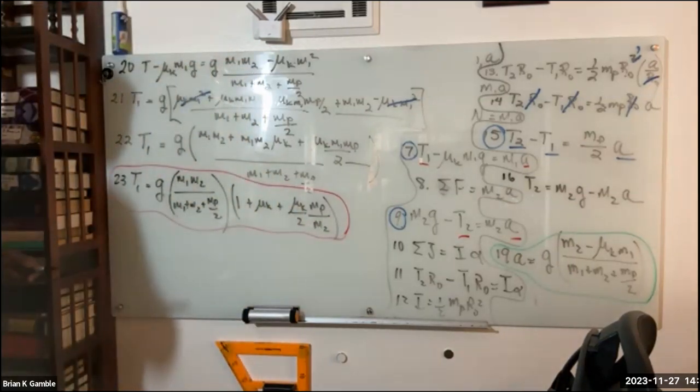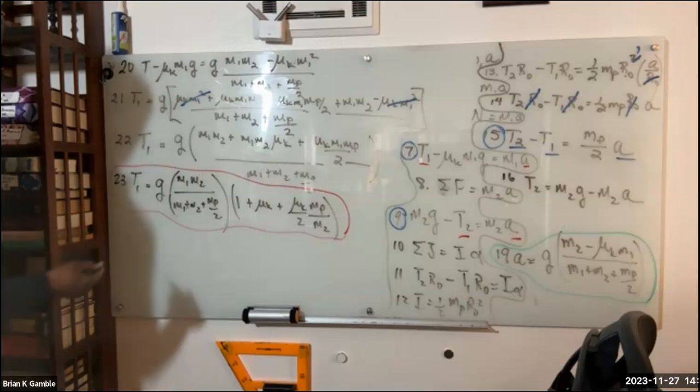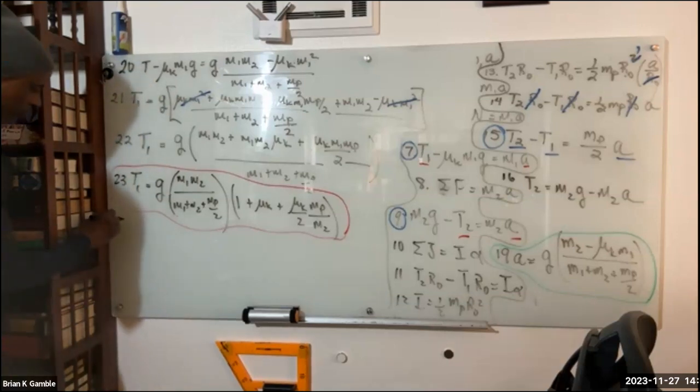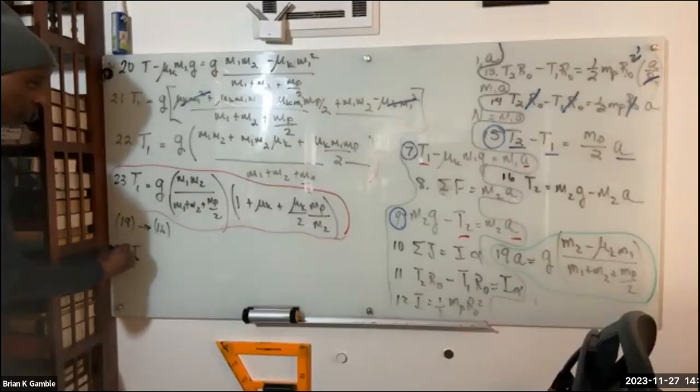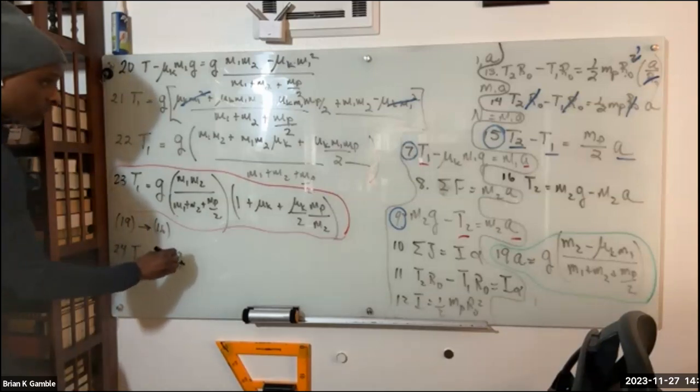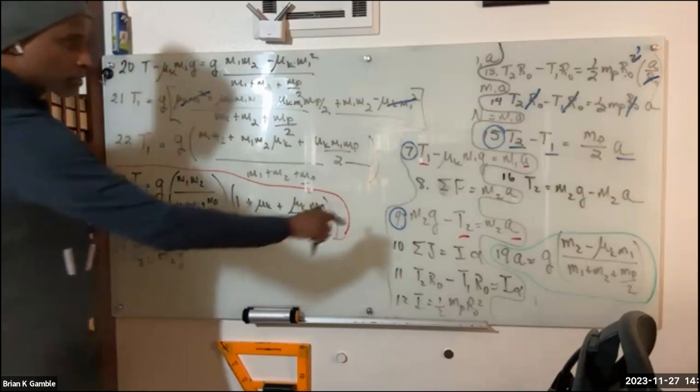All right, so going from 16 to 19 over there, 19 into 16, we will have T2 equals M2 G, and then minus M2 times all of that.